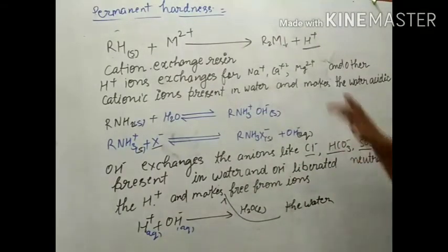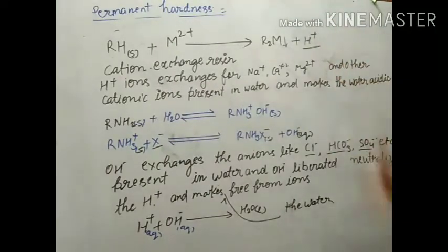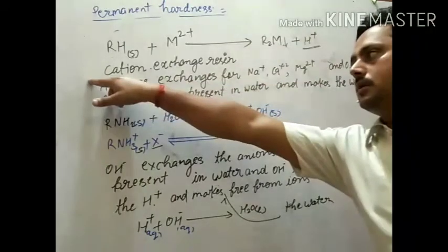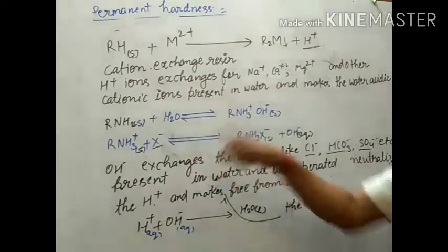So H plus from the cationic exchange resin and OH minus from the anionic exchange resin react with each other and form water molecules. So what we have seen is that all the cations are exchanged by hydrogen ion and all the anions are exchanged by OH ion.